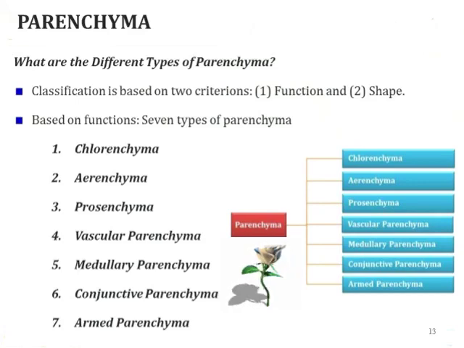When we talk about the function, we classify parenchyma into 7 types: chlorenchyma, aerenchyma, prosenchyma, vascular parenchyma, medullary parenchyma, conjunctive parenchyma, and armed parenchyma. We will discuss all these 7 types based on function of parenchyma very precisely one by one.